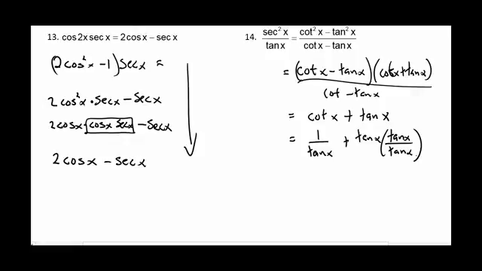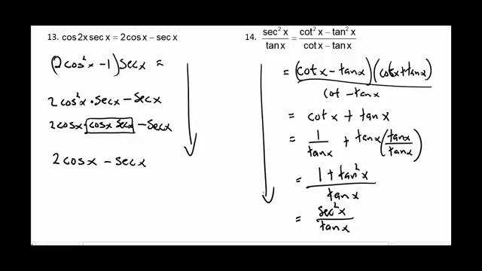If I multiply them together, I get 1 plus tangent squared x over tan x. And 1 plus tangent squared is secant squared, over tan x. Okay, so we were able to work it out.